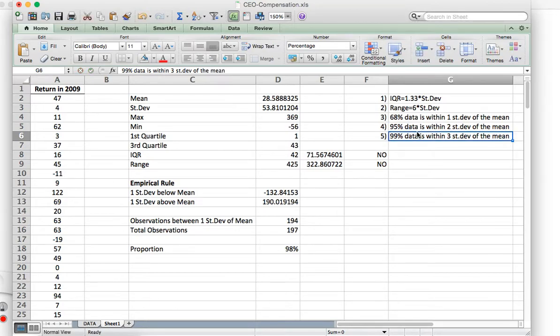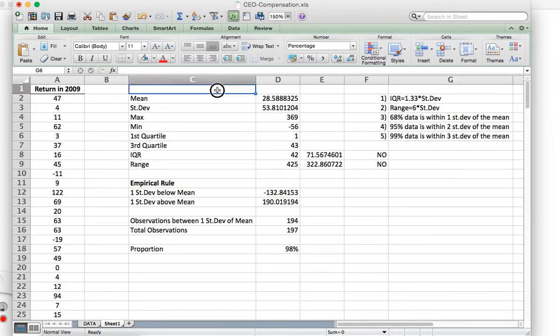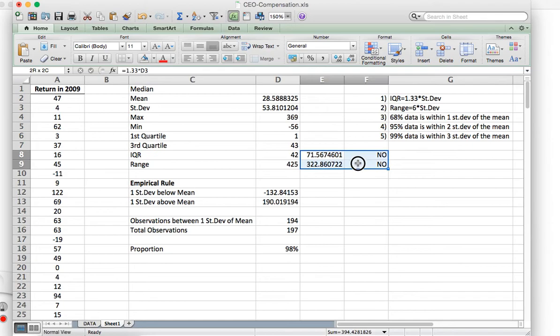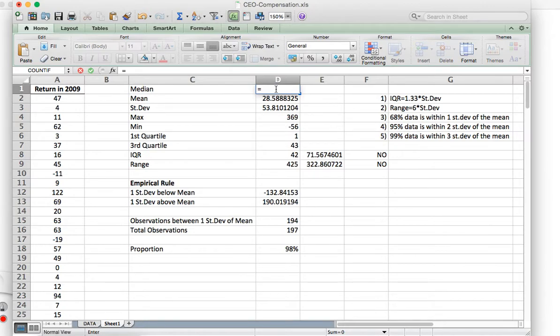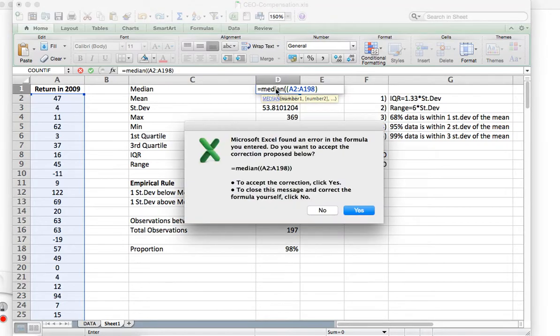So when you look at it from a broader perspective, or by looking at the whole data, it looks more like a normal distribution, but in fact it must be skewed data. We can check that by doing a box plot, or let's look at the median as well. Our other rules, these theoretical counterpart rules, do not confirm normality. So let's do a median analysis as well. So MEDIAN, open a bracket, paste the range.